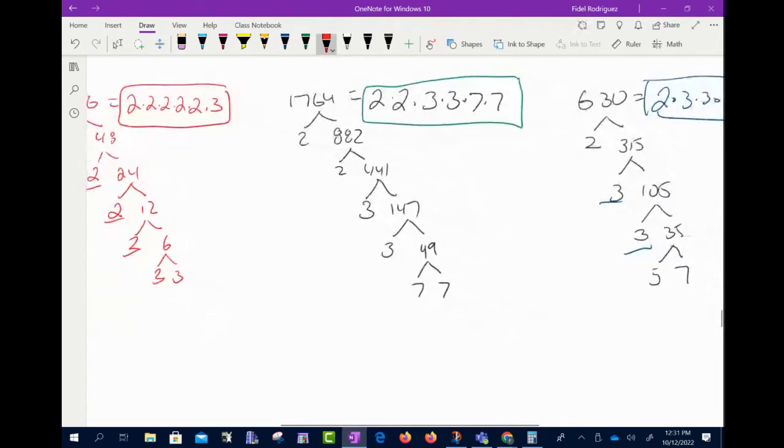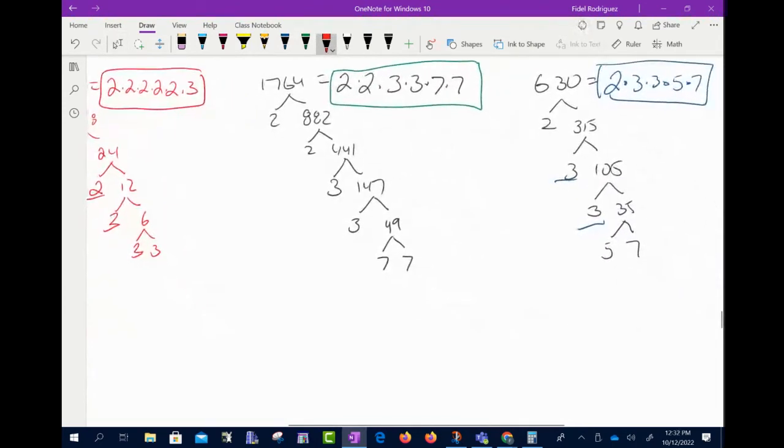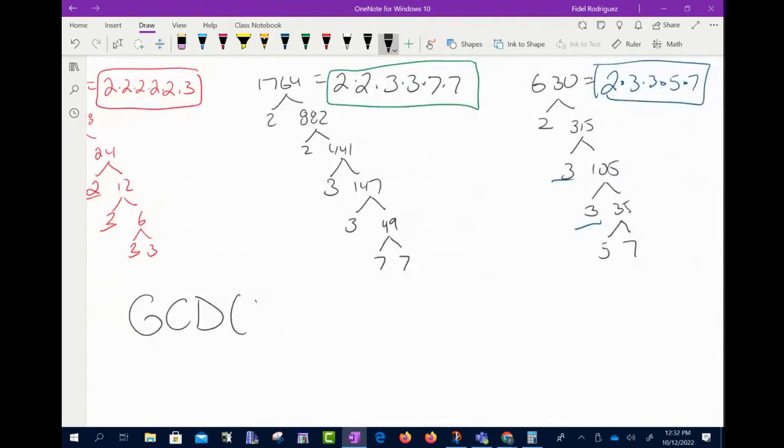Okay, now I'm going to zoom out because I want to try to see if I can get all those numbers on my screen. Okay. Now, to find the greatest common divisor between, what was it, 96, 1764, and 630, I'm going to start matching up the ones that we have in common. Okay. So let's see. I got 1 2 that we can take from all of them.